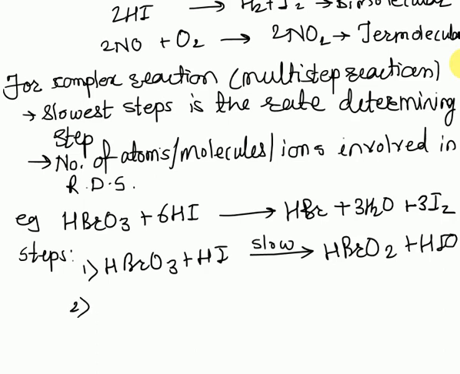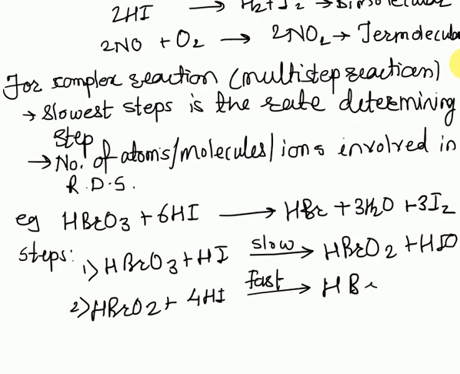Second step of this complex reaction is HbRO2, which is formed in the first step, plus 4 moles of HI, and this is a fast reaction. It gives HbR plus 2H2O plus 2I2.